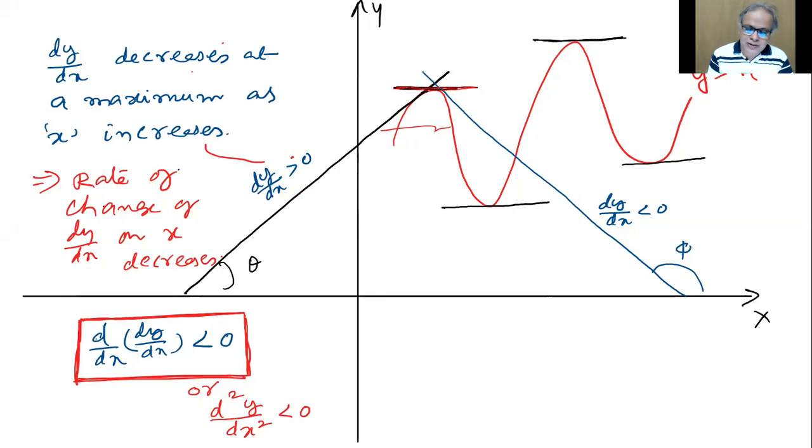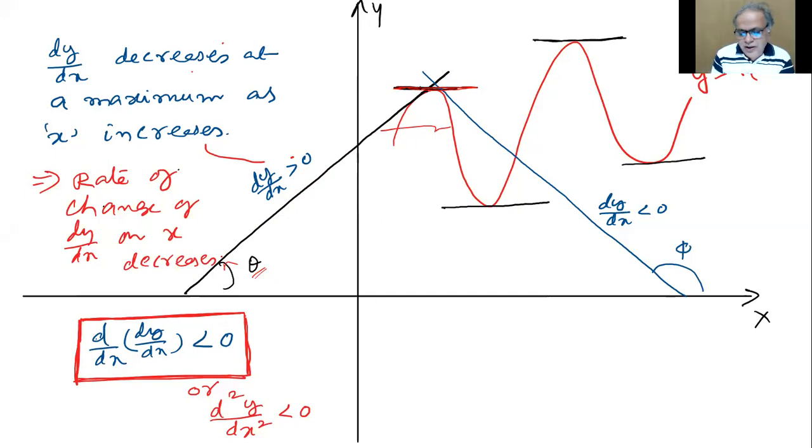This line is drawn as a tangent to the maximum value there. Just before that, if I draw one tangent, is it a positive slope or negative slope? Tan less than 90. Positive, right? So there's a positive slope here.